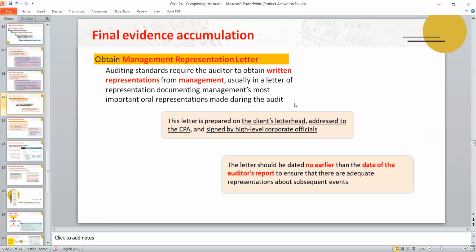This letter is prepared on the client's letterhead, addressed to the CPA firm, and signed by a high-level corporate official. The letter should be dated no earlier than the date of the audit report. This is important.